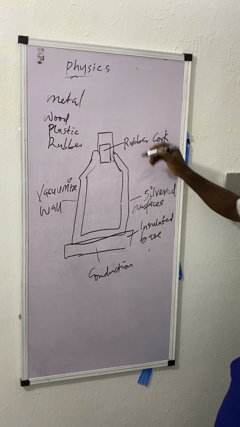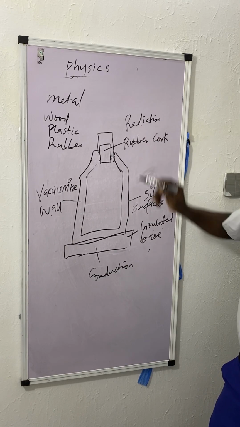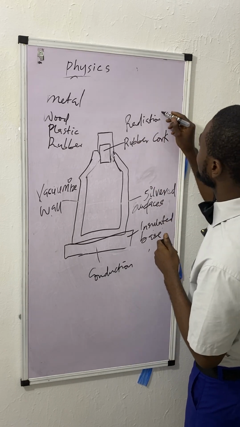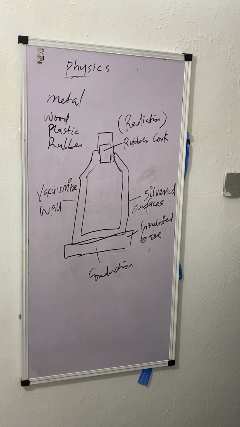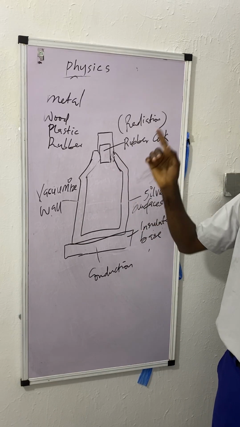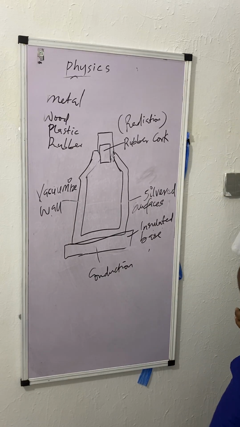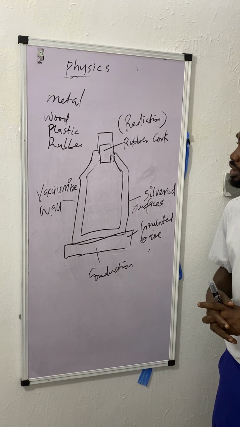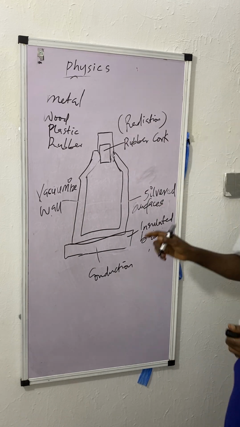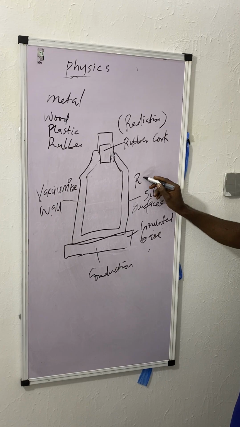So let's just put it that rubber cork prevents heat loss by radiation. Which other thing? If this rubber cork is removed, what happens? We are going to get upward and downward movement of molecules. It's just majorly radiation. Then these severed surfaces prevent heat loss through radiation too.